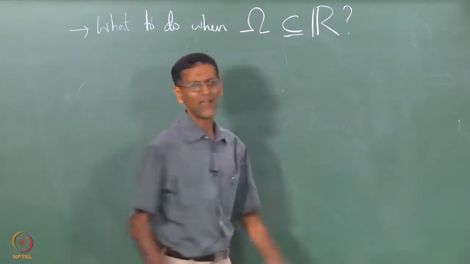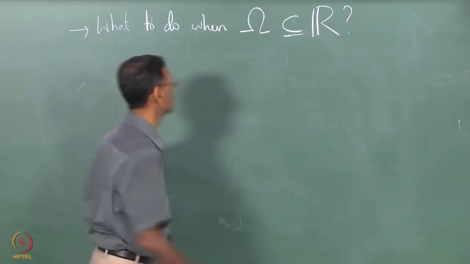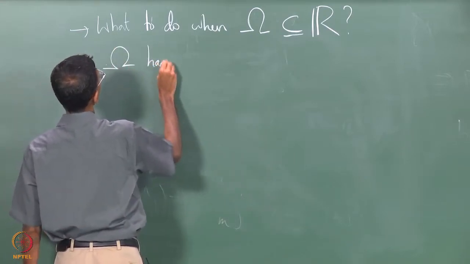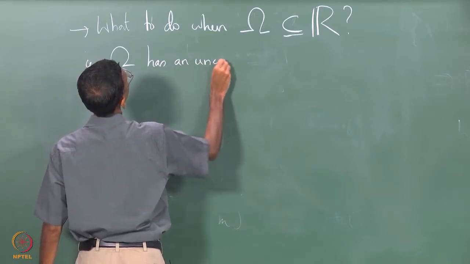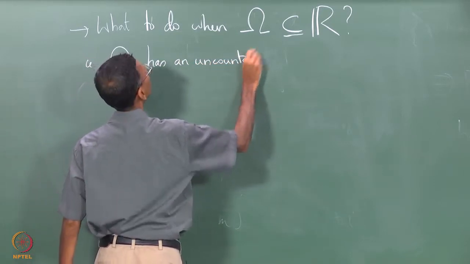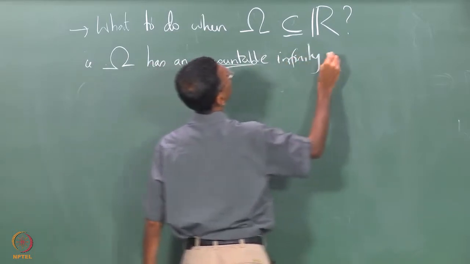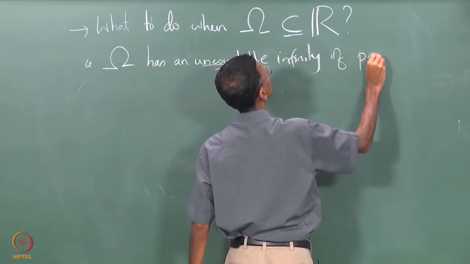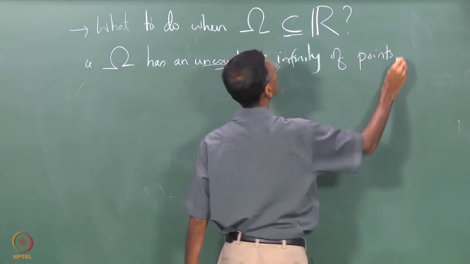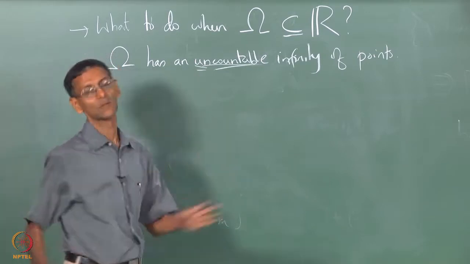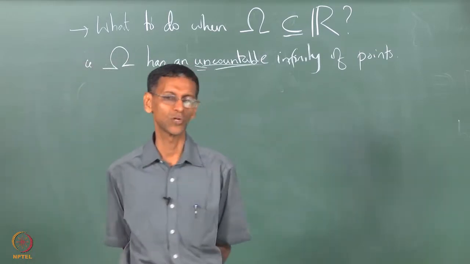In other words, well and truly you have an uncountable infinity. Any interval of the real line has an uncountable infinity of points. Any interval, A, B, closed or open, does not matter.